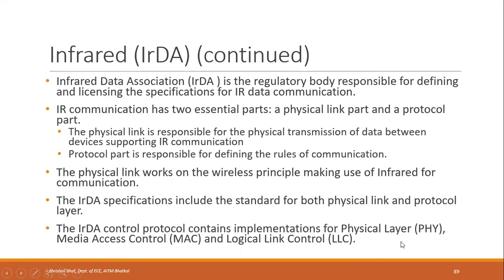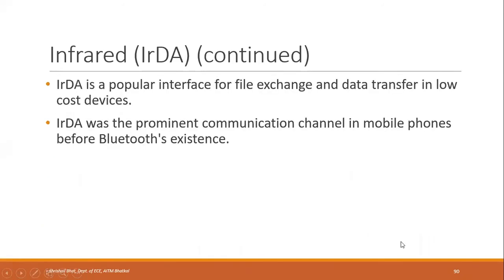This was used as a popular interface for file exchange and data transfer in low-cost devices. Even now some devices use it. But earlier, before Bluetooth came, this was used for transfer of files. Even in mobile phones there was IR transfer. Before Bluetooth, they used to copy ringtones or songs using IR.